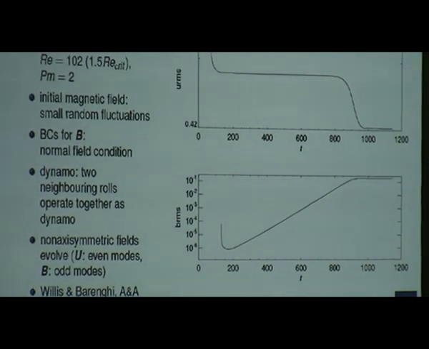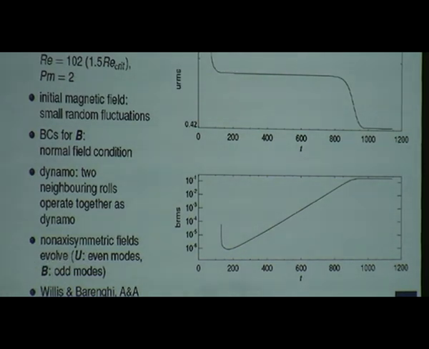And this is exactly the same that Willis and Barenghi find. The next point is that this magnetic field as well as the velocity are non-axisymmetric. The velocity shows only even modes, and the magnetic field the odd modes.